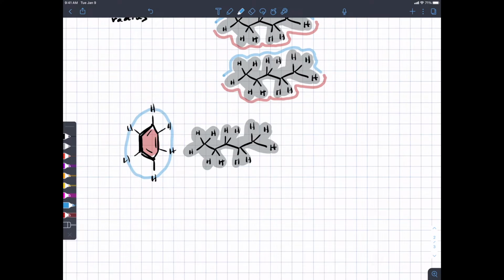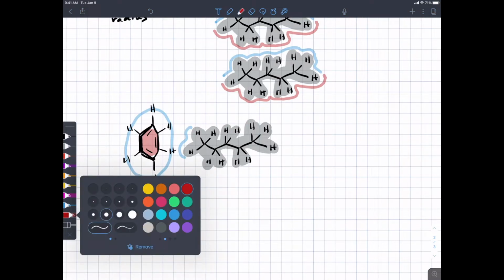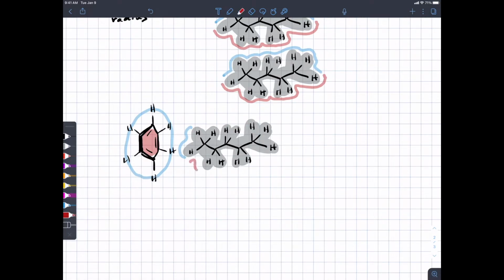Sure, yeah, it should shift so that as it contacts the face of the ring, it's complementary, and as it contacts the edge of the ring, it's complementary in that way. And again, that's a weak interaction because there are limits to how much this hydrocarbon can distort its electron density. Nevertheless, it's enough to be pretty impactful.